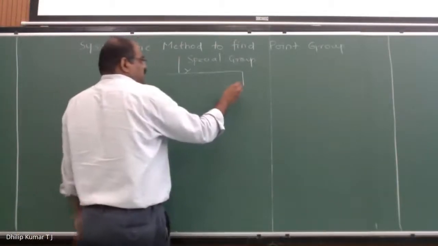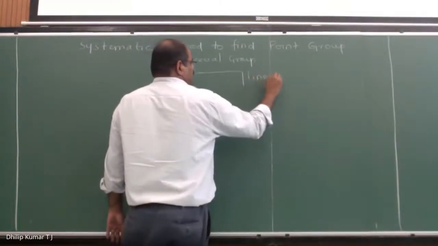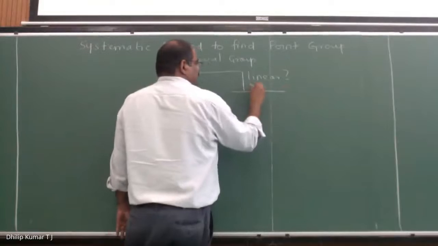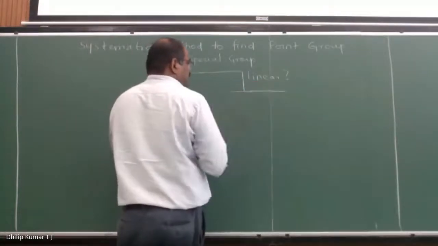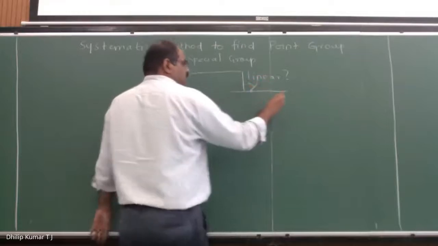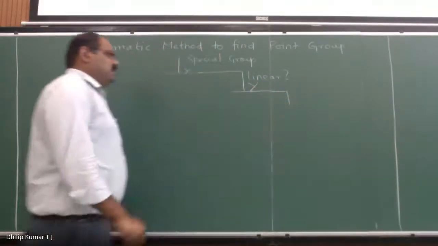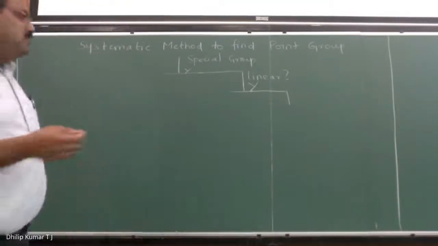Branching. So in that you check for whether the molecule is linear. If it is yes, then that could be two things. One could be C infinity v or D infinity h.